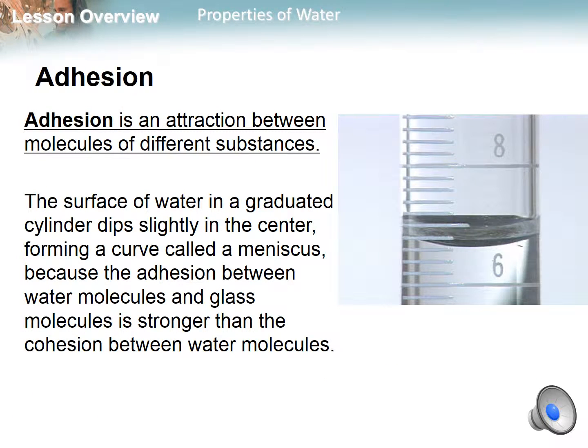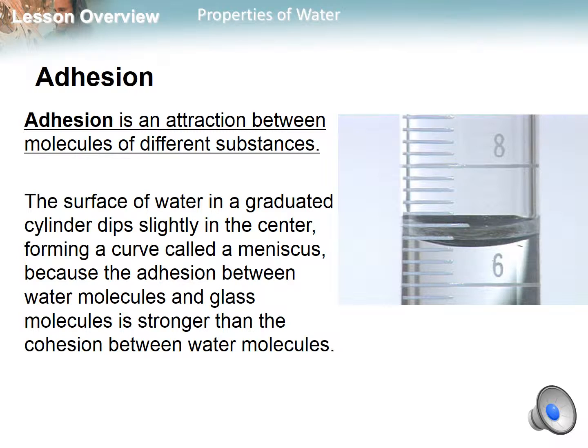Water also has another property called adhesion, and that's the attraction between water and other surfaces. That's why water can stick to the wall, it can stick to glass, it sticks to your skin. That's called adhesion. So in this picture here, I have a graduated cylinder, and you notice where the meniscus is. So why does the meniscus form?